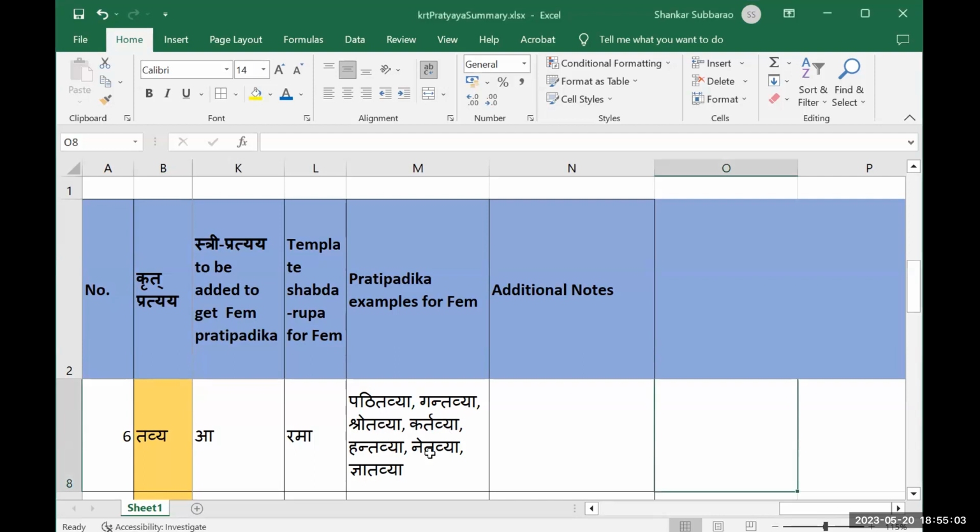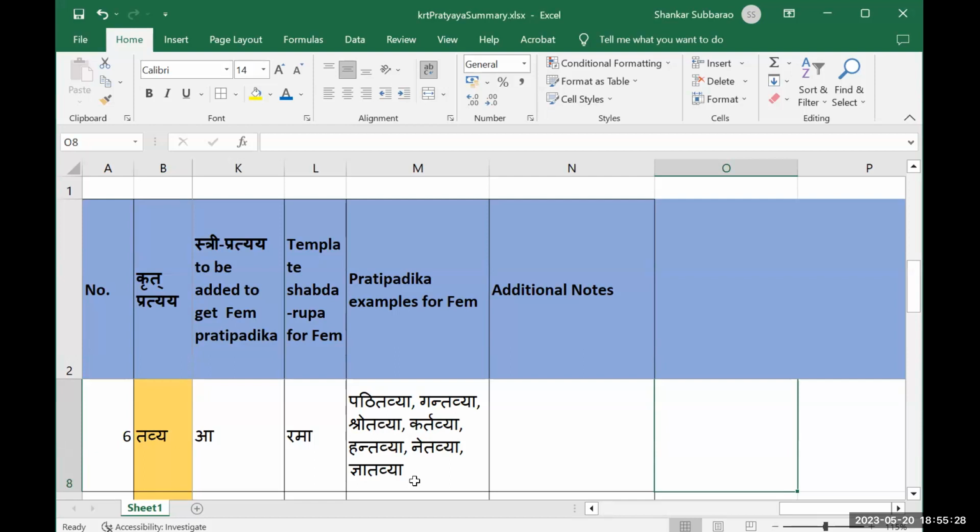Netavya, should be carried. Gyatavya, should be known. Brahma, neuter: Brahma gyatavyam. Atma gyatavyaha, masculine. Suppose you are looking at some Durga Devi, kartavya.